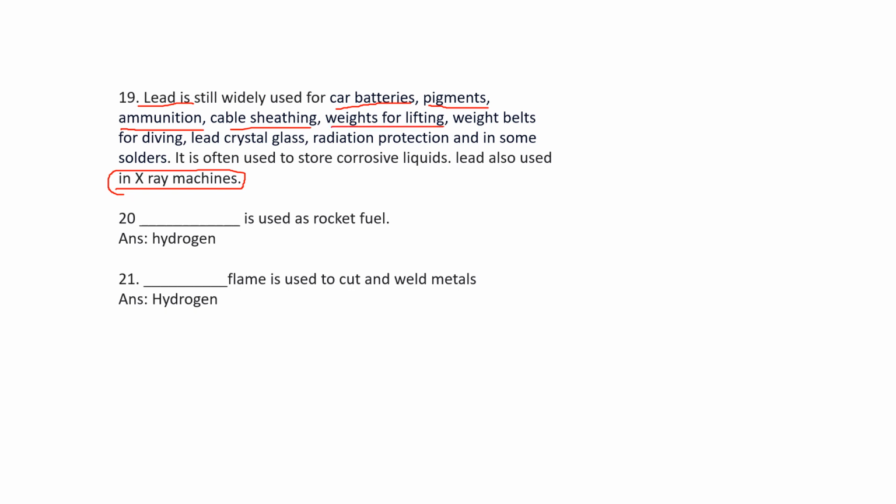Weights for lifting, weight belts for diving, lead crystal glasses have lead. Radiation protection, and solder for welding very minute radio parts or other parts. For soldering we use lead. The main important thing is that in X-ray machines we are using lead metal.